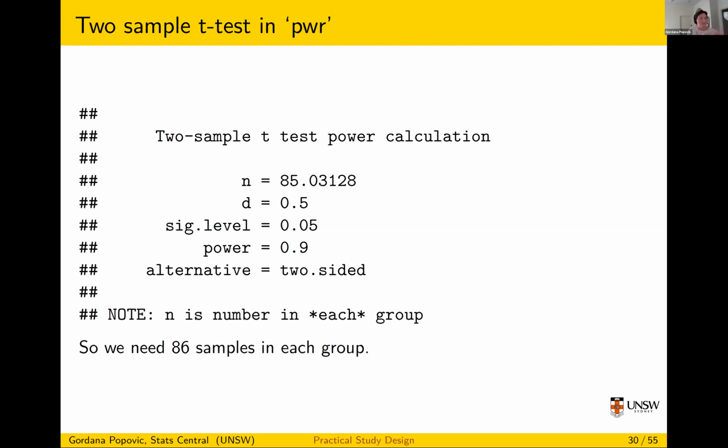So it's not a trade-off, but one does affect the other. If you have a larger effect size, then you need less sample size to get the same power.